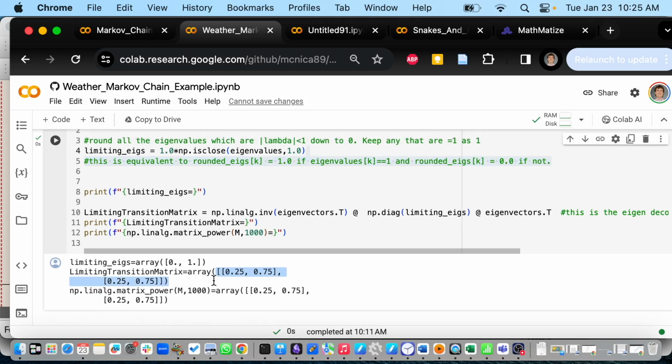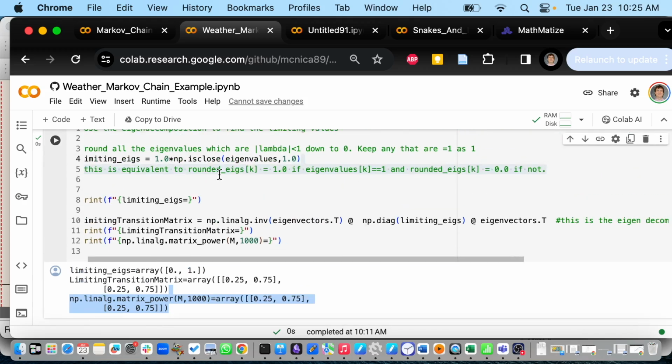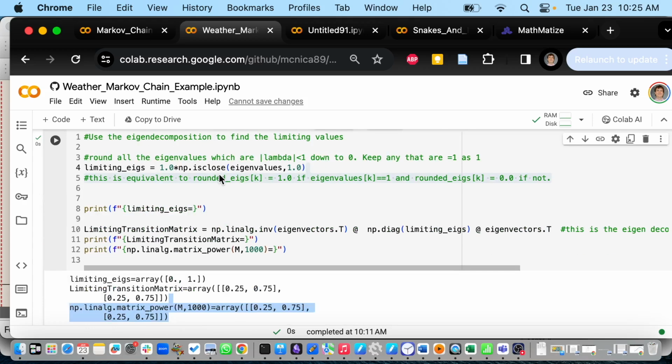That's saying no matter where you start, the answer will always be 0.25, 0.75. And look, it matches. It's really close to the matrix to the power 1,000, where you would be after 1,000 steps. So this is all the stuff we did before in pen and paper, now on the computer. That was a little bit quick, but it's all written here, and it's all stuff we've done. Any questions or comments about that one?